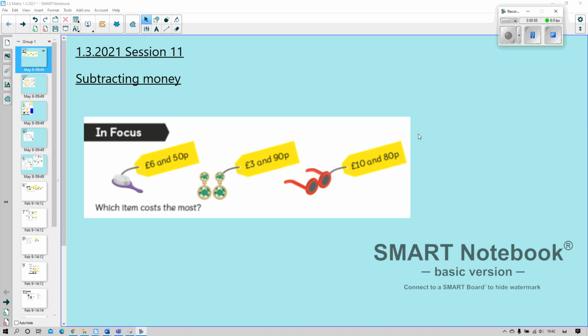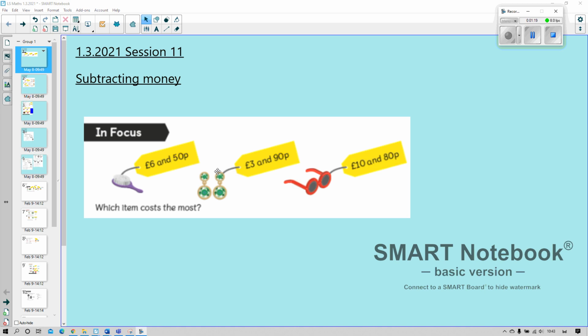However, the in focus isn't that easy today because what it's wanting you to do is work out how much more. So can you pause the video now and work out how much more one item is from the other? How much more expensive is the hairbrush to the earrings?